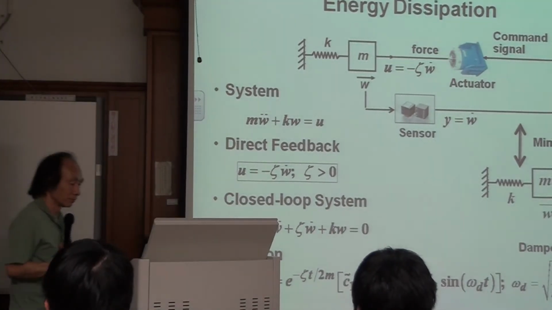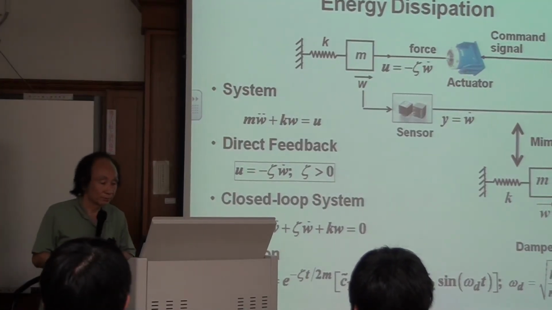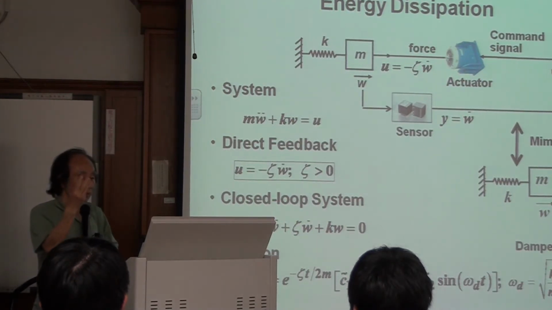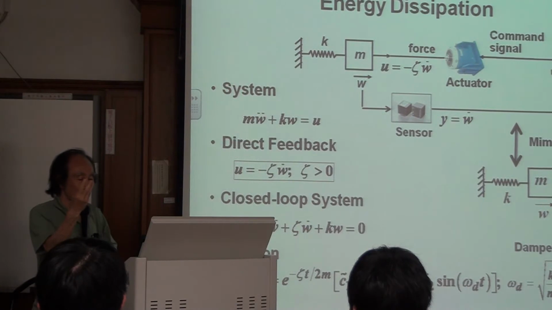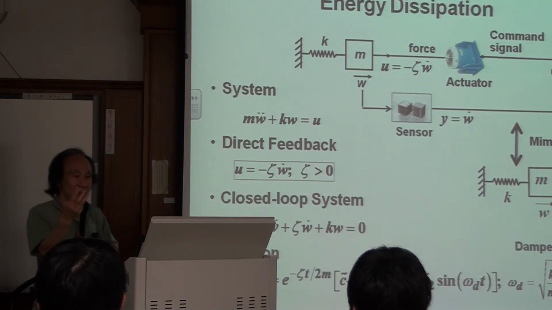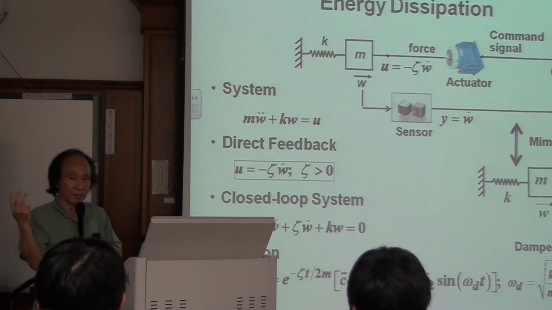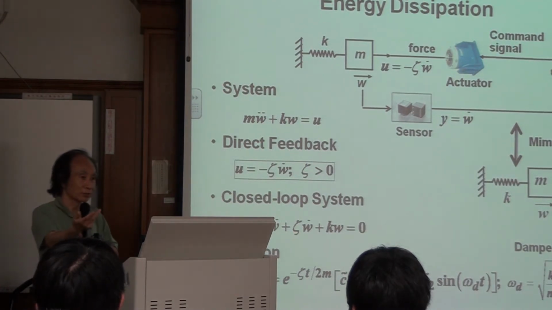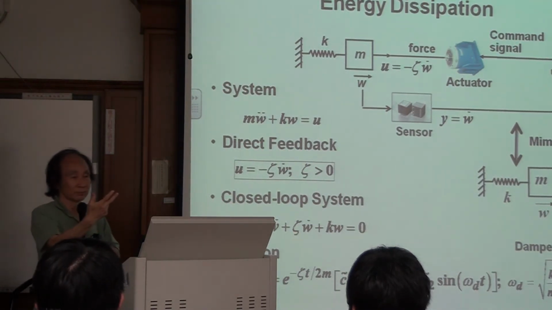The second. So now we discussed three kinds of different measurements, and these three different measurements are commonly used in the feedback control design: either displacement sensors, or velocity sensors, or acceleration sensors. Those three types of sensors. That's it.